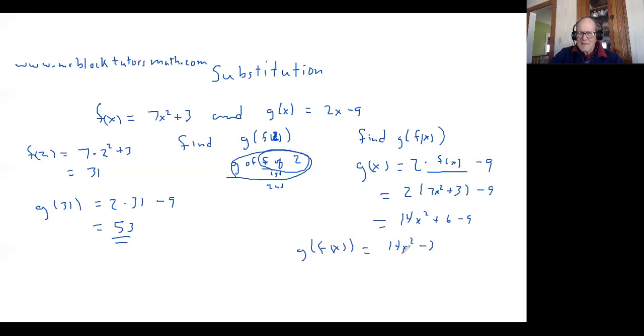Now, using that expression we just found, what would g of f of x of 2 be? It would be 14 times 2 squared minus 3, or 14 times 4 minus 3. 14 times 4 is 56 minus 3, which is, again, 53. Same number we got over here.